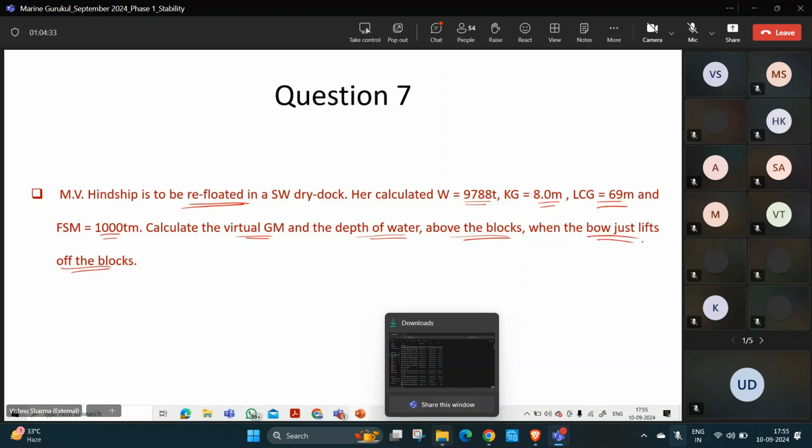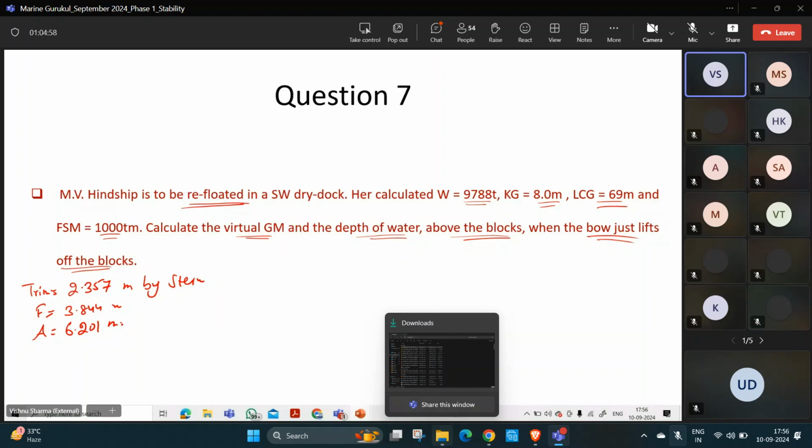Okay, all these values are the same which you used, in which you got the trim of 2.357 meters by stern. You got a forward draft of 3.844 meters and an aft draft of 6.201 meters.